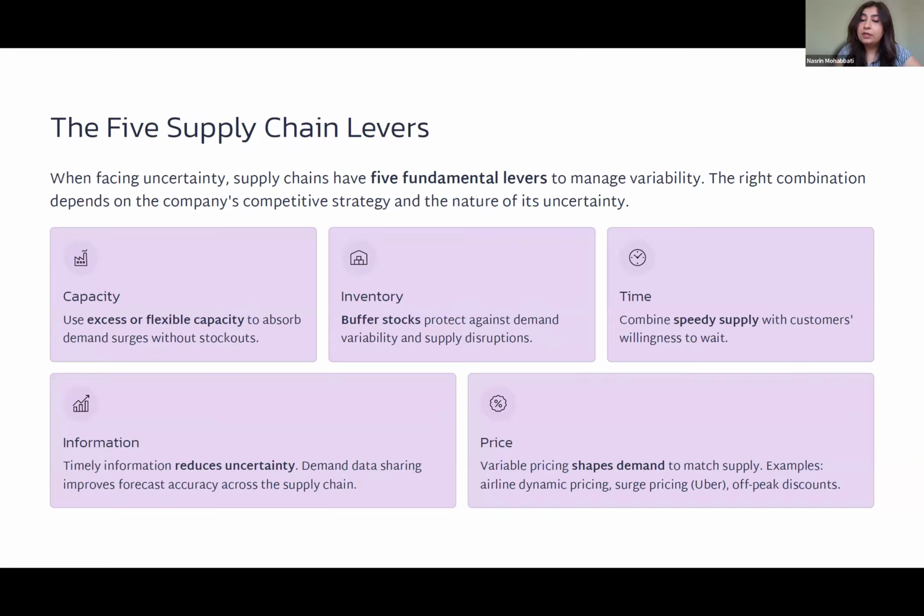For example, we don't know the demand, right? Demand can be up, can be down. It is uncertain because it is for the future. So we can work with the capacity in anticipation of the demand.